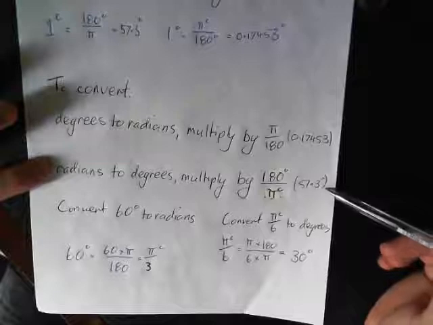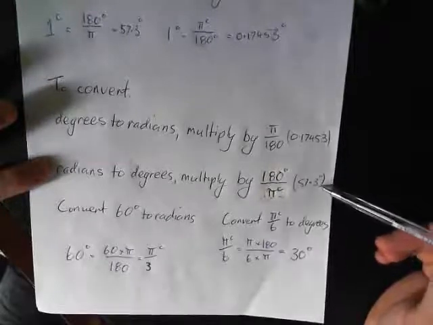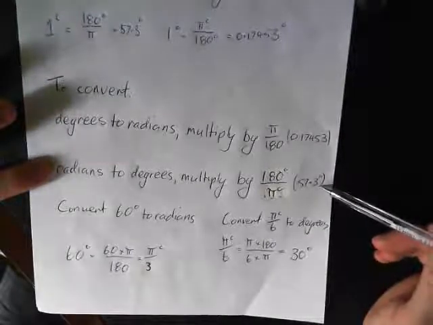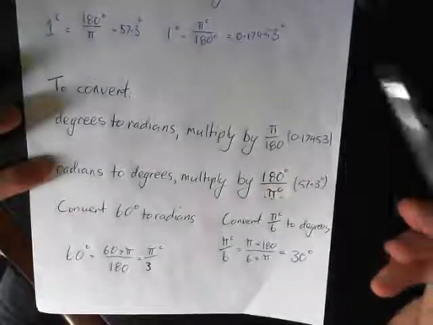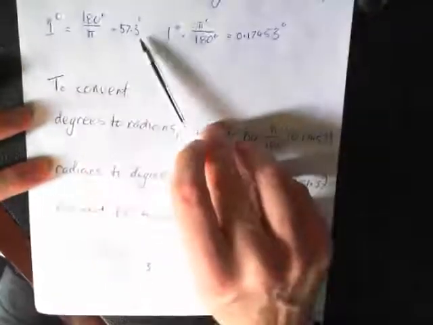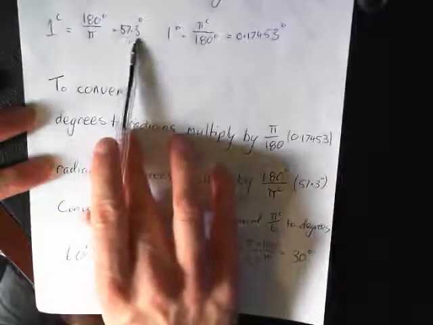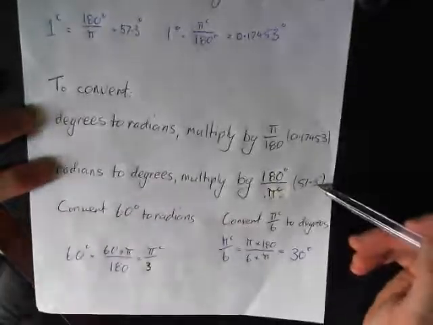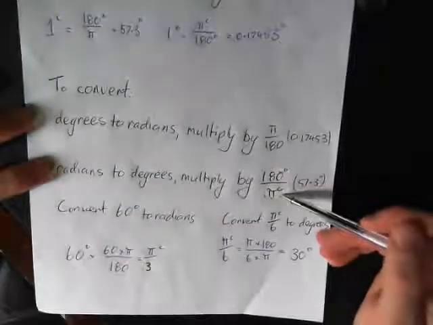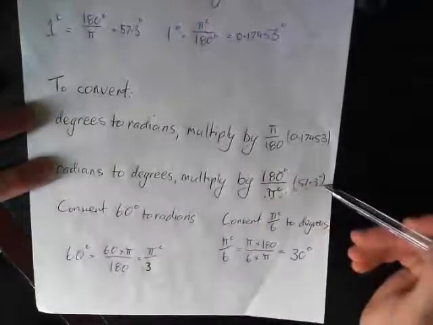Okay, you want to go from radians to degrees, you multiply by 57.3. Because 1 radian is 57.3 degrees, and you're going to want the number to be bigger. Alright, 1 radian is a lot of degrees, so you're going to multiply by that number. We use it as 180 divided by pi to get to there.